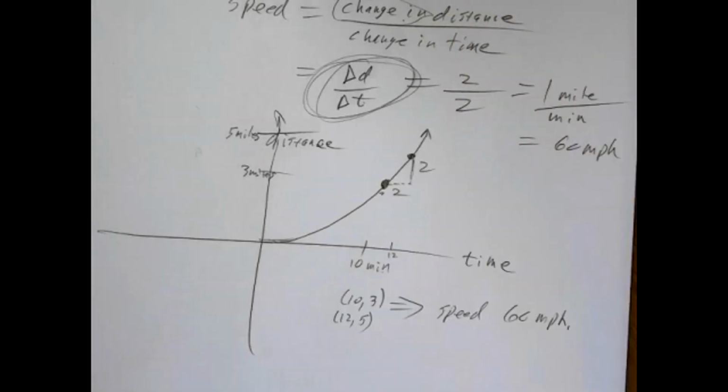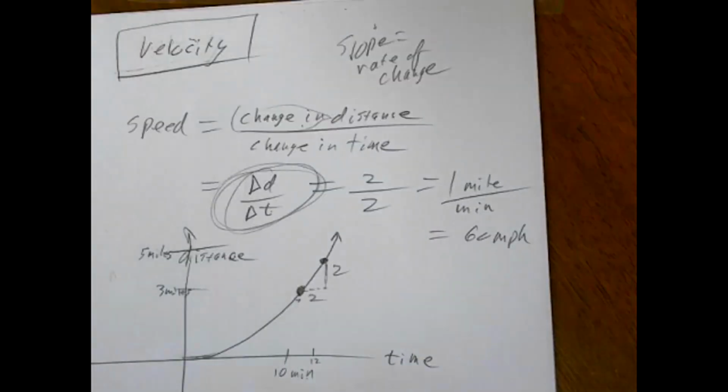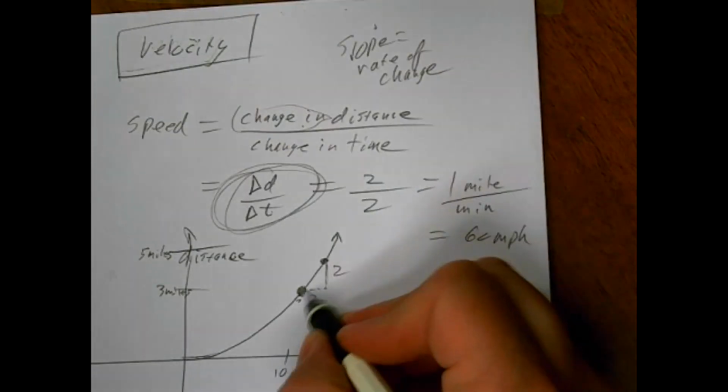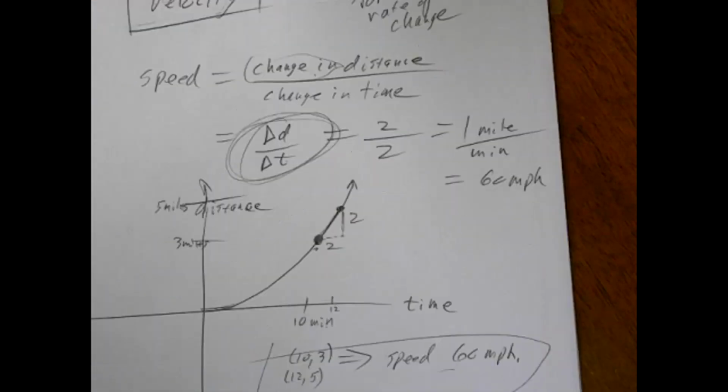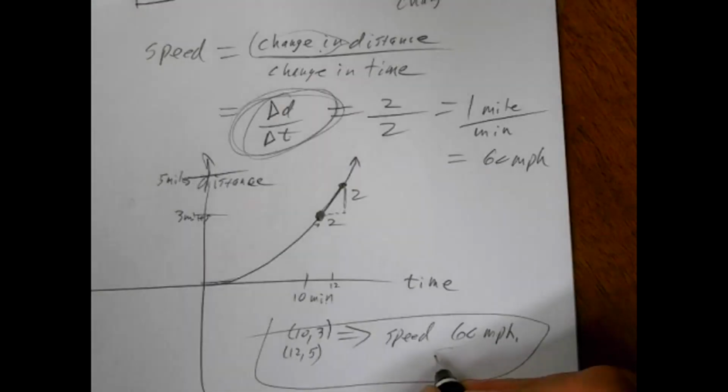So when things are changing, slope is measuring how they change. When you're finding slope between 2 points, what we just found with the 60 miles per hour, don't be misled. What we just found is that this car is traveling 60 miles per hour on the average.